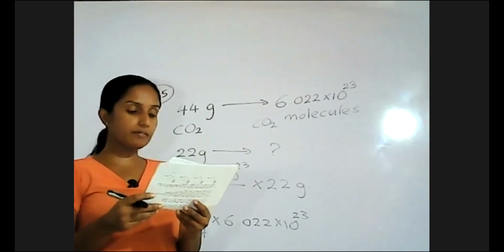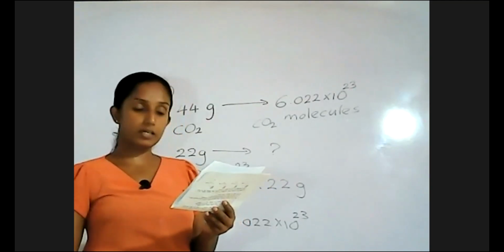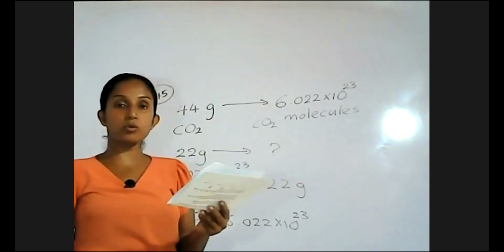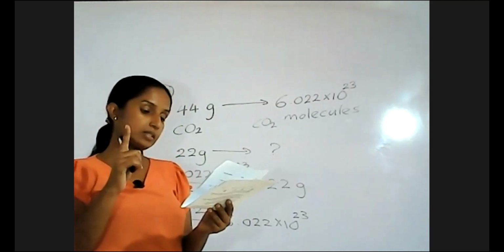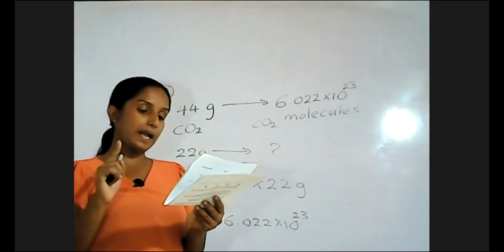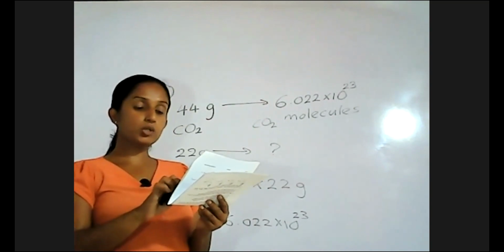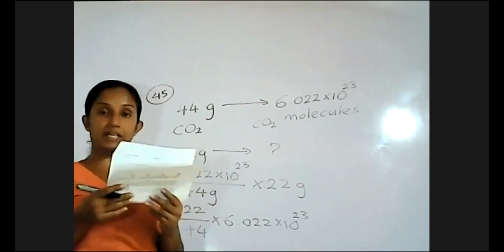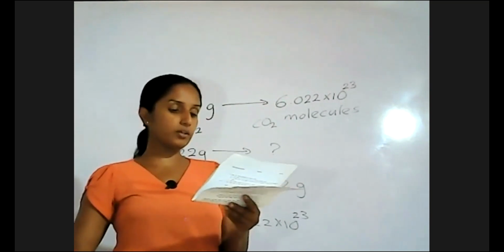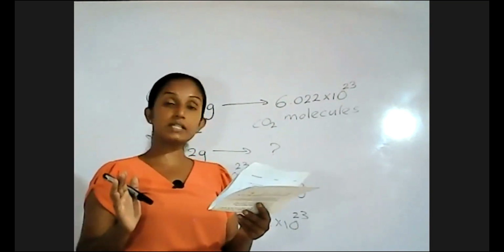Look at the second one. A molecule of urea has 2 carbon atoms. No, that is wrong. Only 1 carbon atom is there. Look at the third one. A molecule of urea has 4 hydrogen atoms. Yes, 2 into 2, 4 hydrogen atoms. That is correct. We will check the fourth one also. The total number of atoms in a urea molecule is 7.